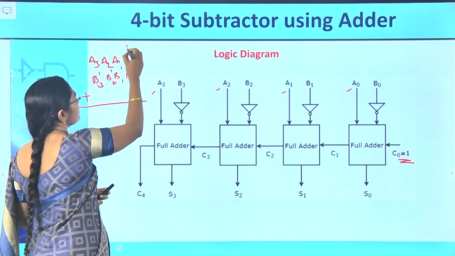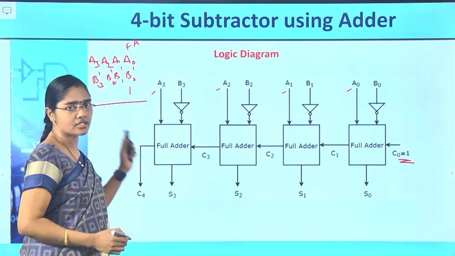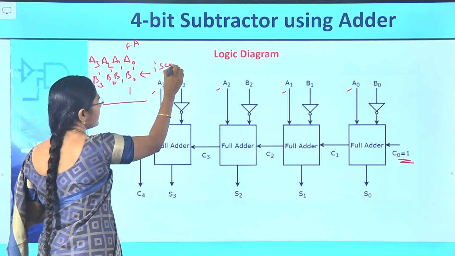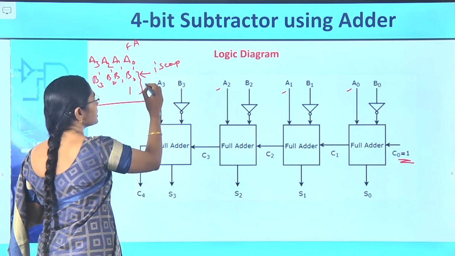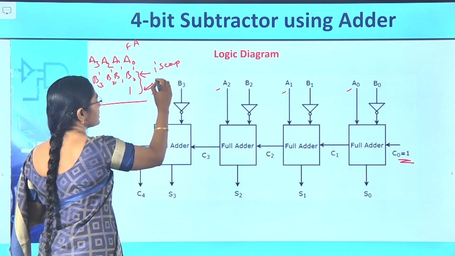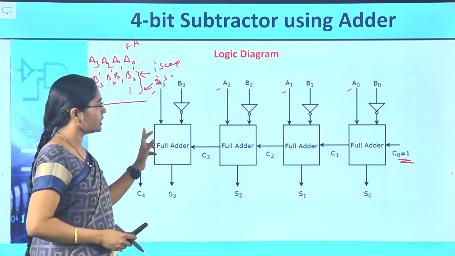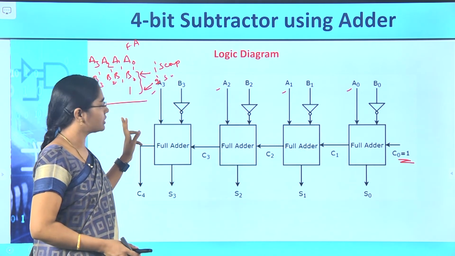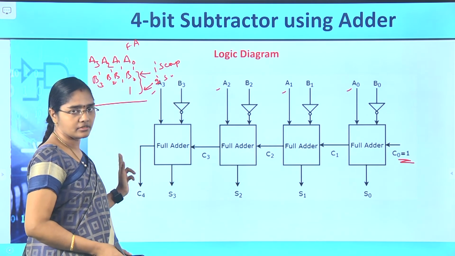For this we use full adder after full adder, all cascaded. B0 bar to B3 bar is the 1's complement, and this plus 1 combined is the 2's complement. Applying the 2's complement number and the A number, the final output is the difference and borrow.